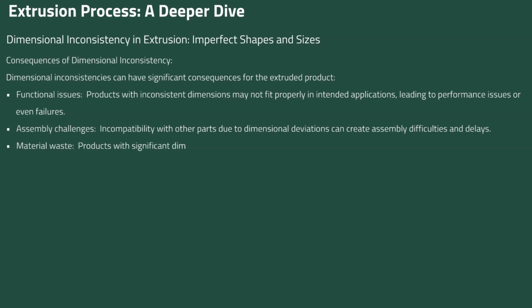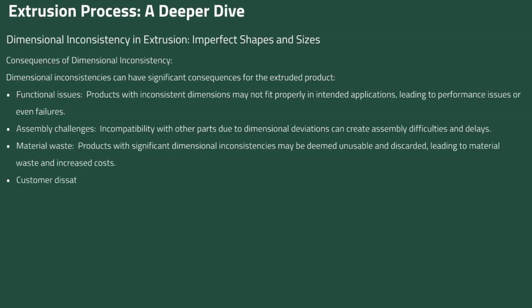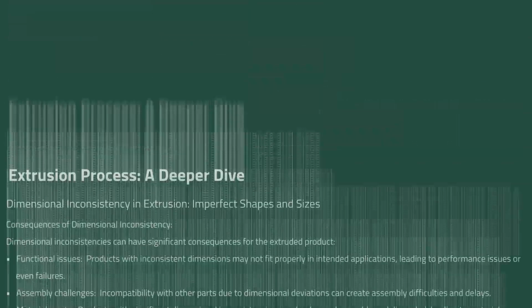Material waste: products with significant dimensional inconsistencies may be deemed unusable and discarded, leading to material waste and increased costs. Customer dissatisfaction: inconsistent products can lead to customer dissatisfaction and reputational damage for the manufacturer.